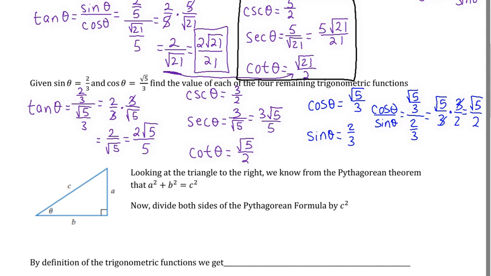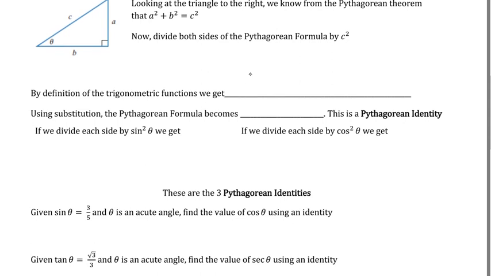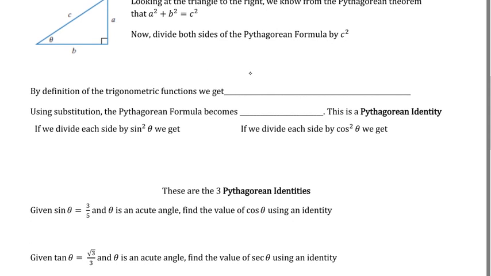All right, next, let's look at this triangle that we have here. It's a right triangle, and we know our Pythagorean theorem, our Pythagorean formula. And let's follow what it says here.